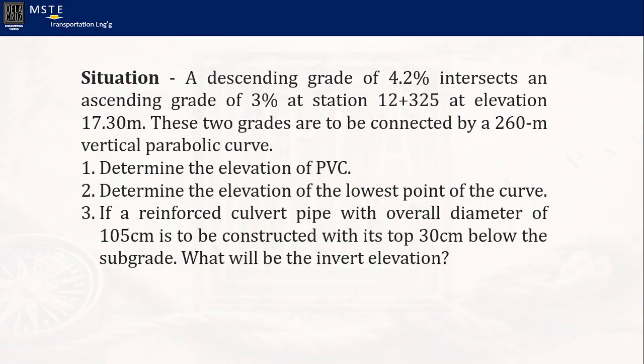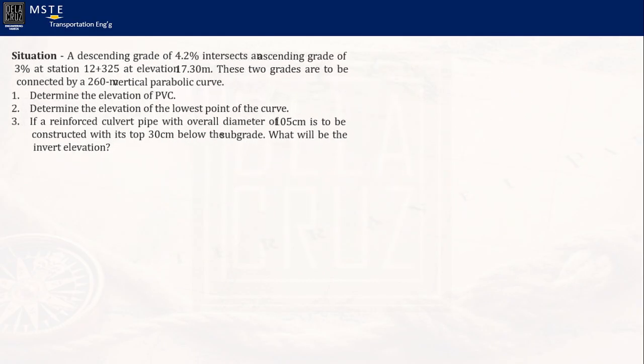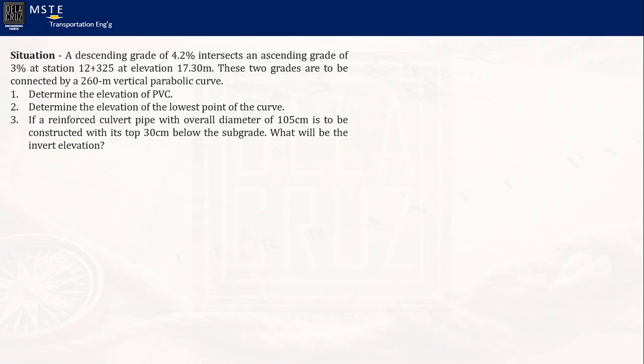Let's try to draw first and know the elements of a vertical parabolic curve. A descending grade, so that means this will be a vertical sag parabolic curve. Ibig sabihin, pag sag, pababa yung ating curve, like this one.